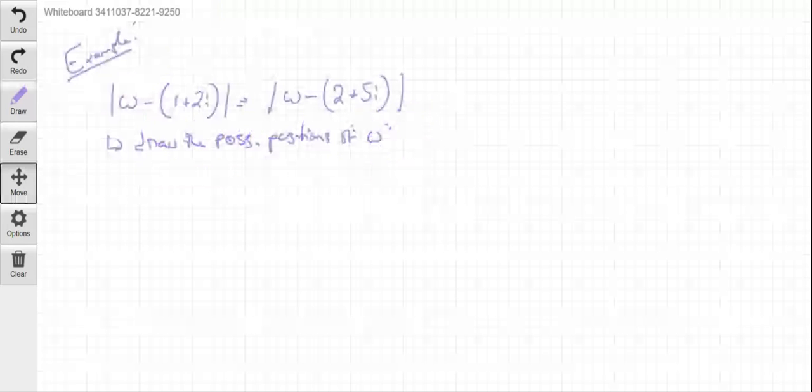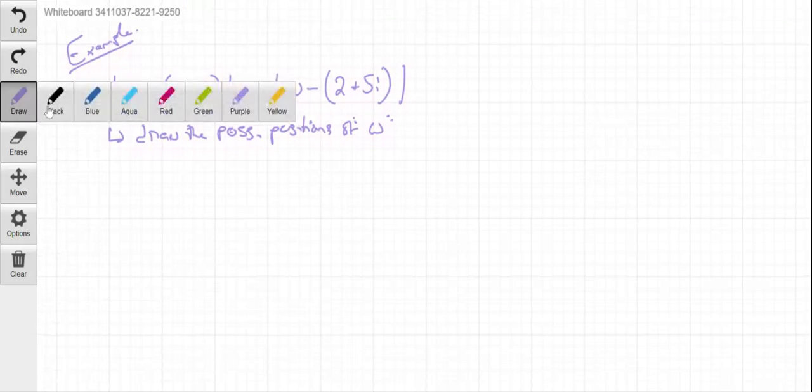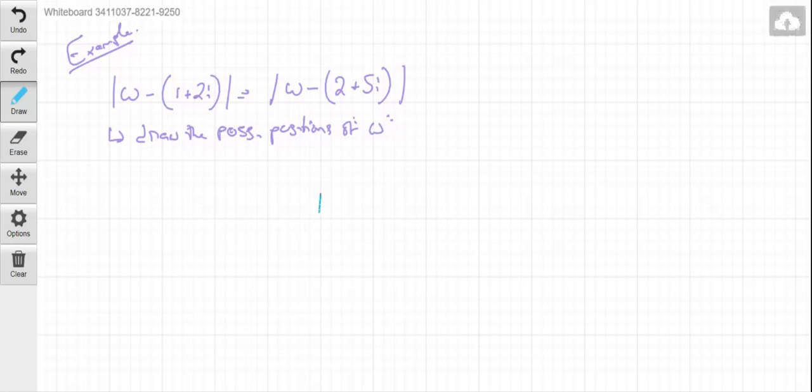Right. So if I asked you to do this, you would obviously have to start with your Argand diagram. And that means our axes, the y-axis, which is called the imaginary axis, and the x-axis, which is our real axis.